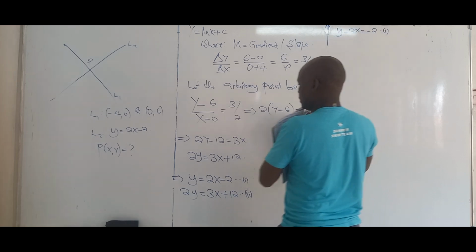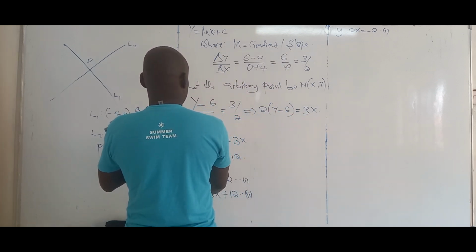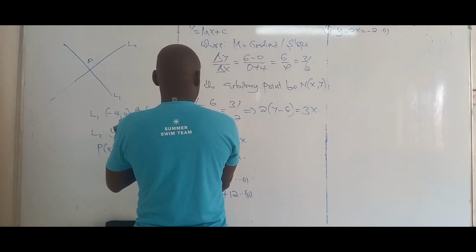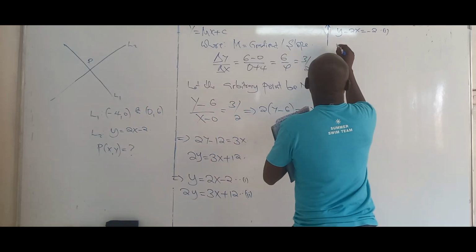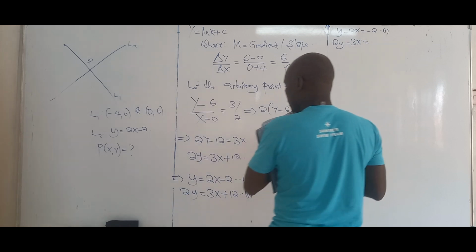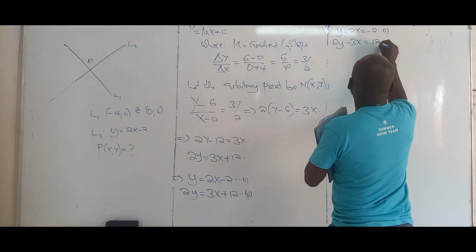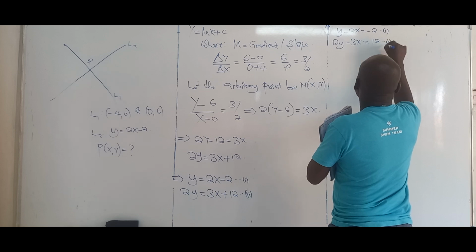That will be 1. Then 2y minus 3x is equal to 12. So that's 2.